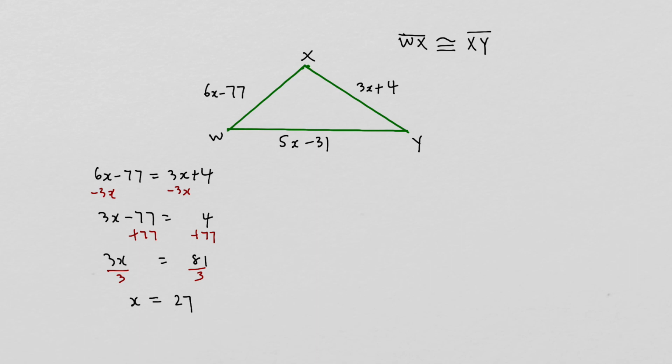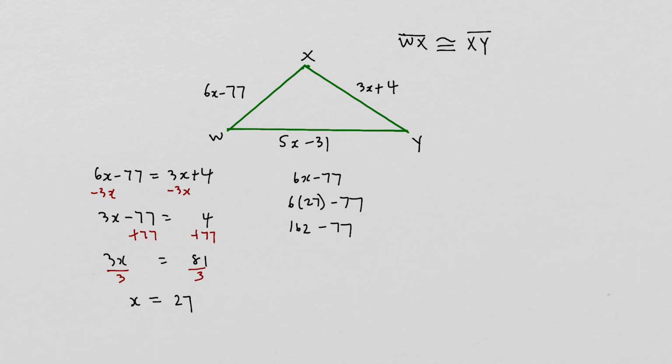Now that we know x is equal to 27, we can solve for one of the sides. Let's start with 6x minus 77. Let's substitute 27 in for x, and we get 6 times 27 minus 77. 6 times 27 is equal to 162, minus 77.